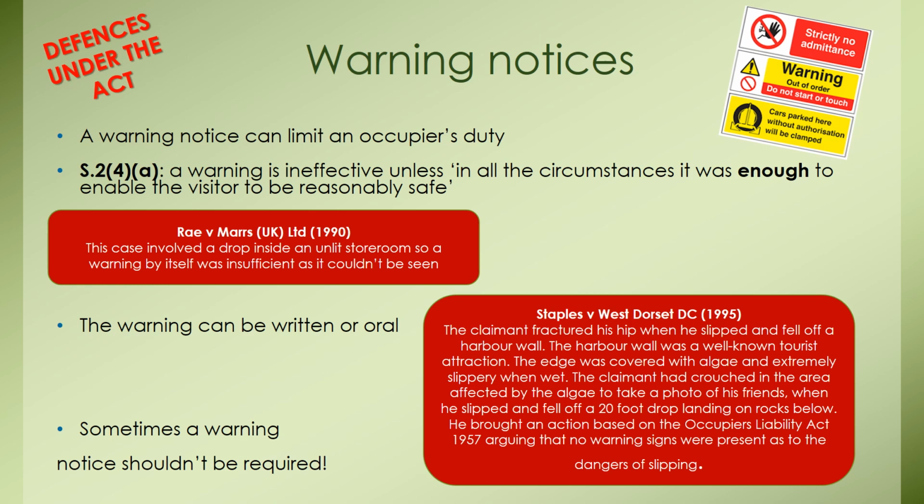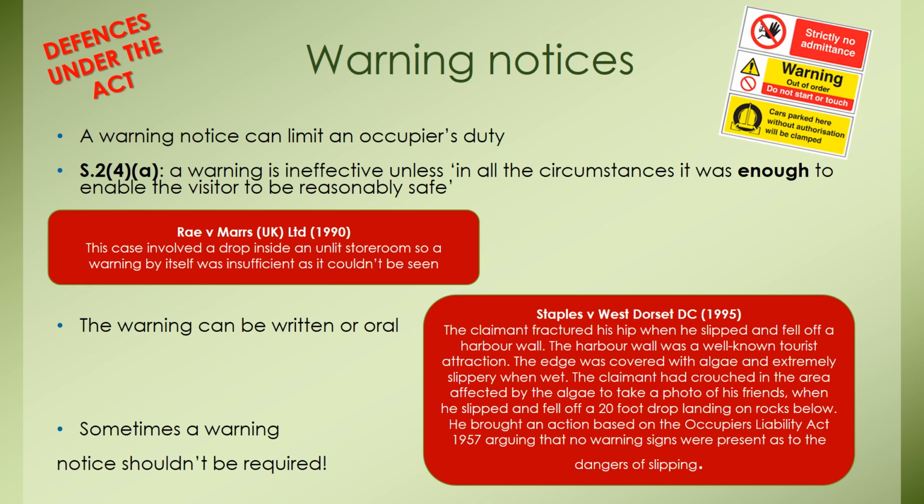These are all warnings, or as we will look at later in contract law, clauses which exclude or limit liability for that occupier. So you're saying, I take no responsibility for what happens to you on this land in this situation. And actually, can that always detract from liability or negate liability? It can't.